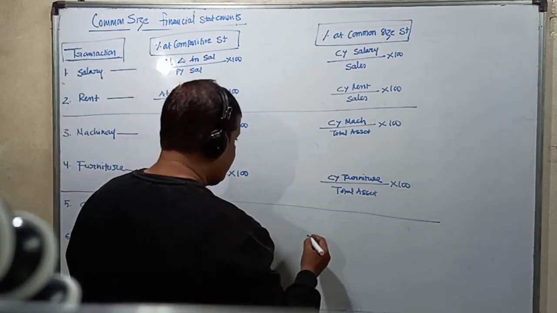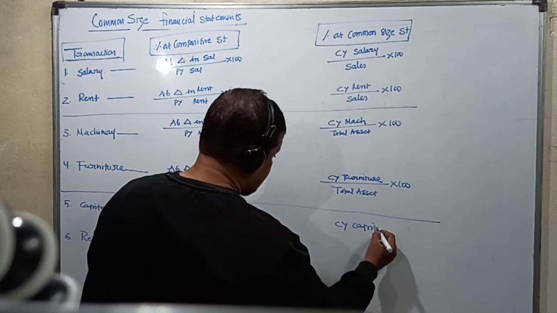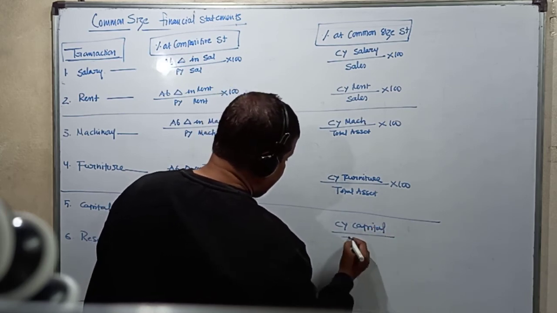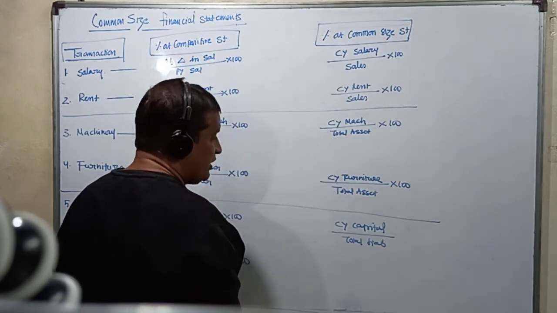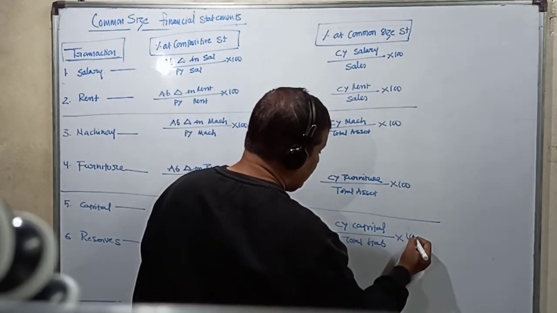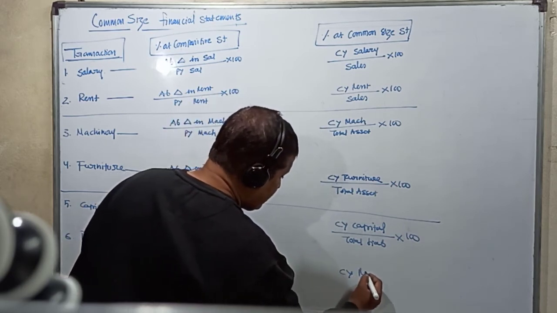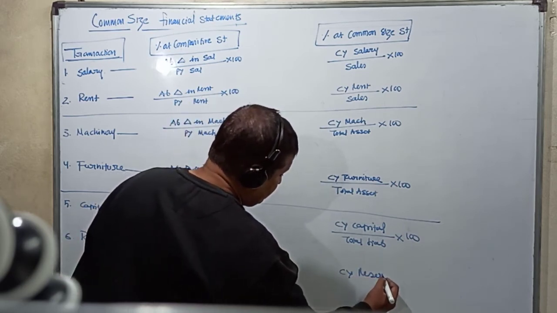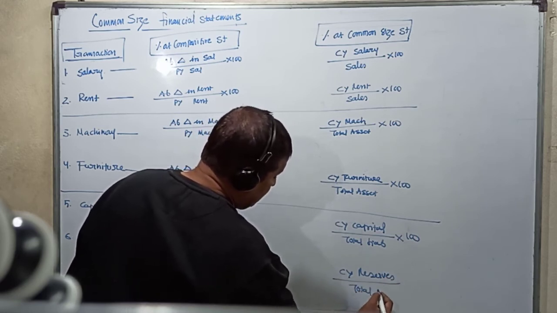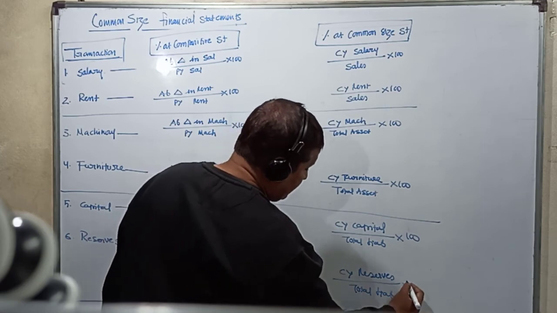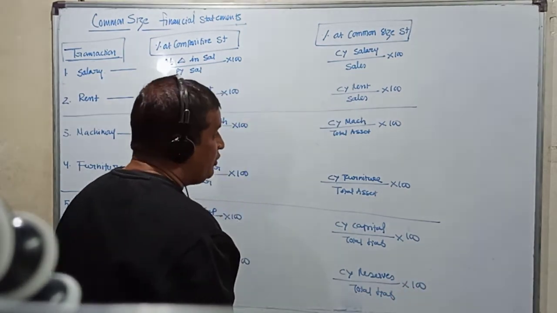It will be current year capital divided by total liability, because capital comes on the liability side, into 100. Here you take current year reserves divided by total liability into 100. So this is how you get it.